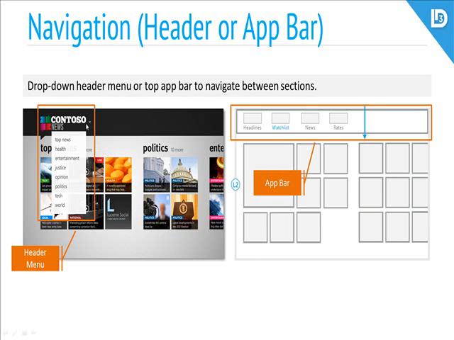The first is via this drop-down menu, which is built into the header. This is good if I have a lot of sections in my application. The second way is through the app bar. This drops down from the top if I swipe from the bezel up or down, and I can view all of my different categories there. Obviously, not as useful if I have a lot of categories because there's a limited amount of space that I have available to me.